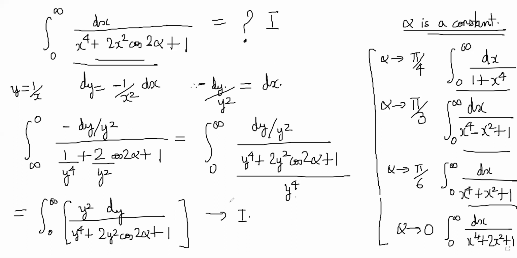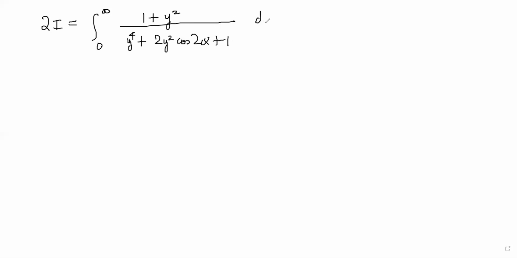So if we add the two, notice what happens. 2I is simply 0 to infinity of 1 plus y square by y power 4 plus 2y square cos 2 alpha plus 1 dy. Here you're using y as the dummy variable. Okay, so we have this situation.